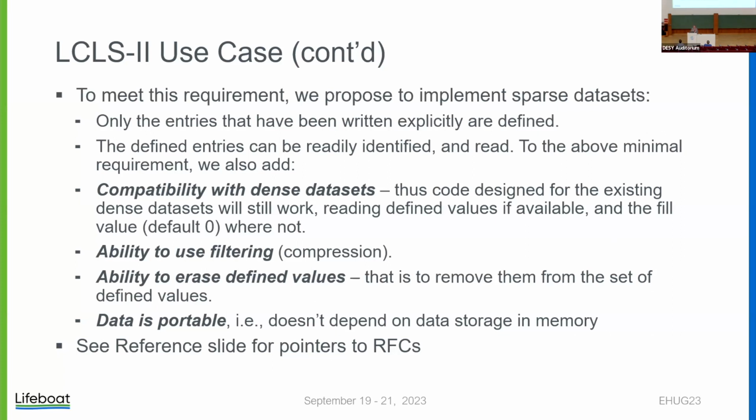And defined entries can be read back, and we would also like to have an interface to this new storage that's compatible with dense data sets. So the code designed for existing data sets will still work, reading defined values if available, and if not, there will be fill values that fill that region.